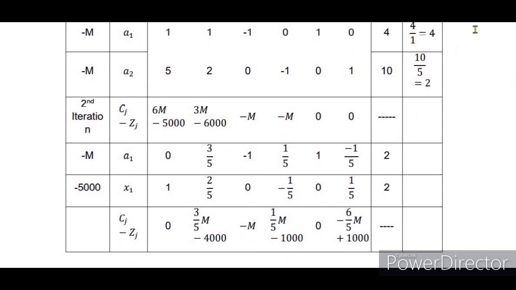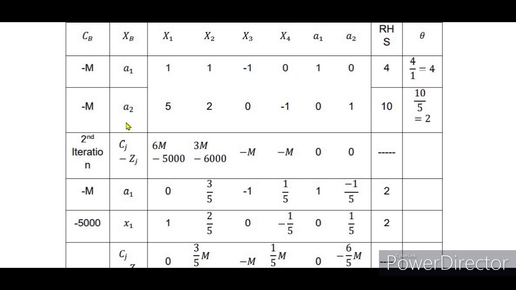So next, we will divide all the elements in the first iteration along a sub 2 row with the pivot element, which is 5.